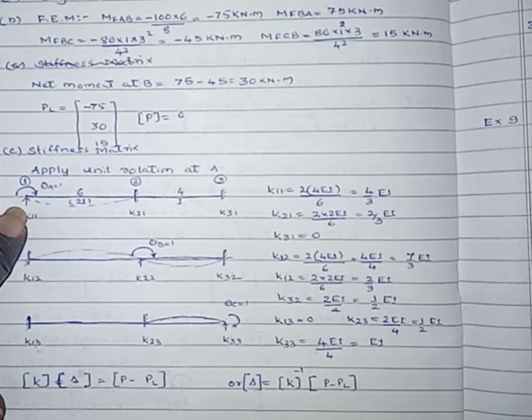Third row, first element K31, that is 0, K32, that is half EI, K33, that is EI.